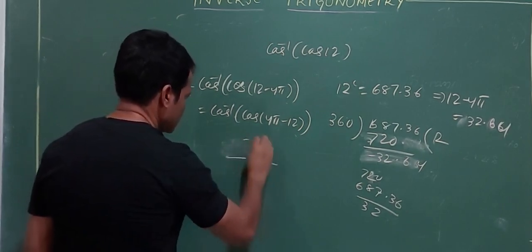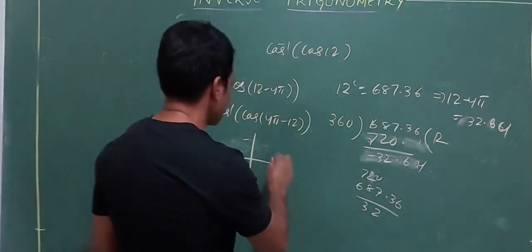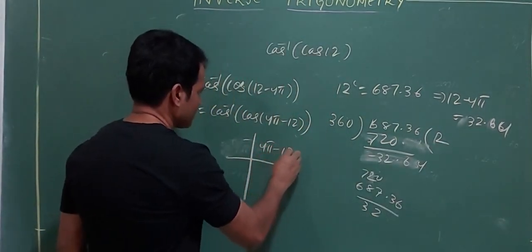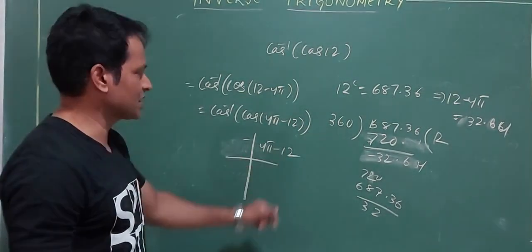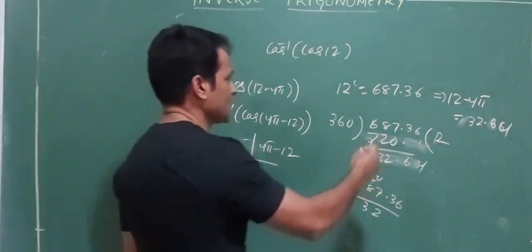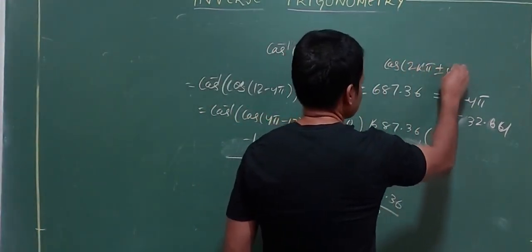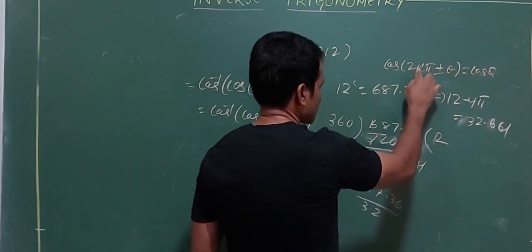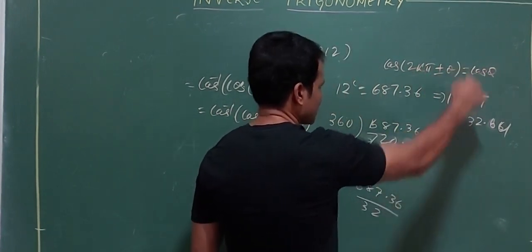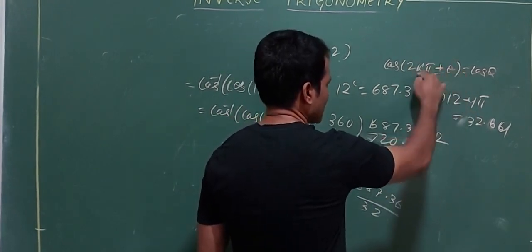Why is the answer 4 pi minus 12? Where is the 32.64 lying? First quadrant. This is 4 pi minus 12, 32.64. Because the formula is, again I am telling, cos of 2k pi plus or minus theta is equal to cos theta. What did I do here? 2 pi, k is equal to 2, so 4 pi minus theta.